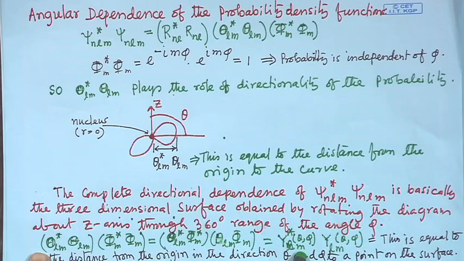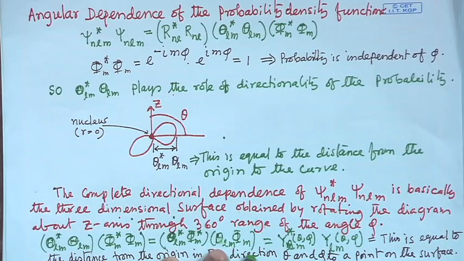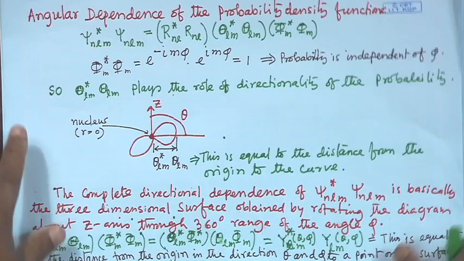Here Y Lm is basically theta Lm and phi Lm, the two angular dependences, and one can write this part in the form Y Lm theta phi. This is called the spherical harmonics.